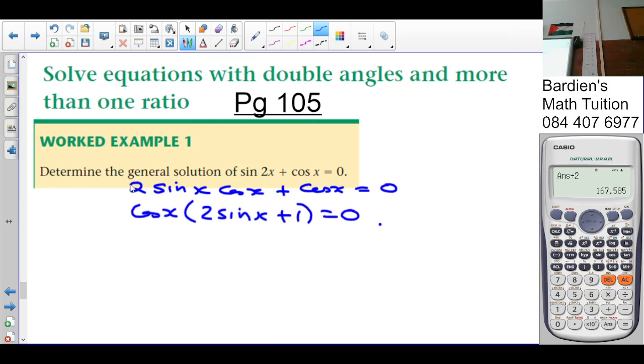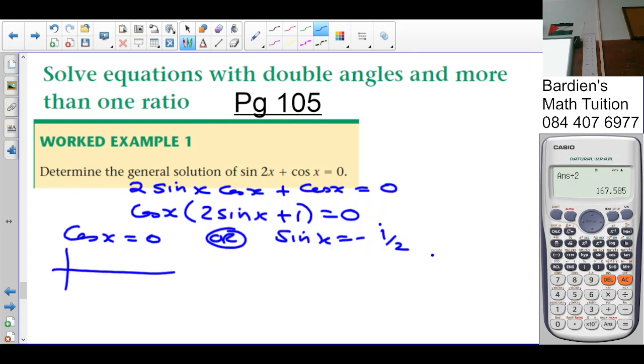Now what do we do? We can set each factor equal to 0, not so? So cos x equal to 0 or 2 sine x plus 1 is equal to 0, which means to say sine x equal to negative 1/2. What do I do now?